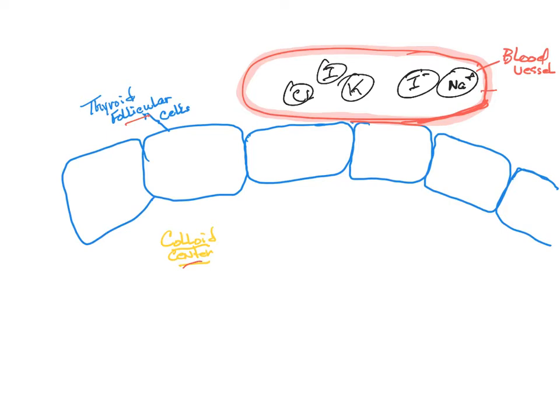Now inside the follicular cell, if you remember your cellular stuff, you have endoplasmic reticulum. It synthesizes protein, puts it in our Golgi apparatus, and then transports that into the cell. And this is thyroglobulin.